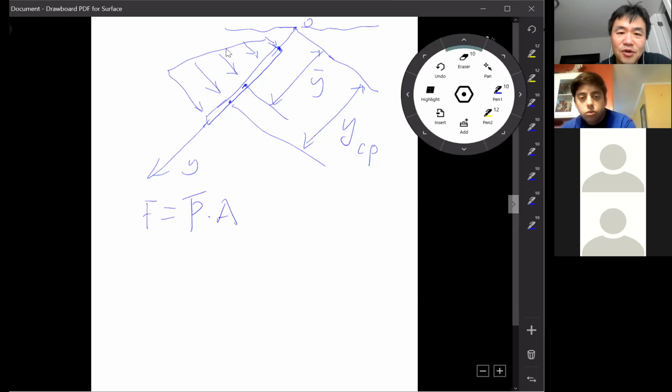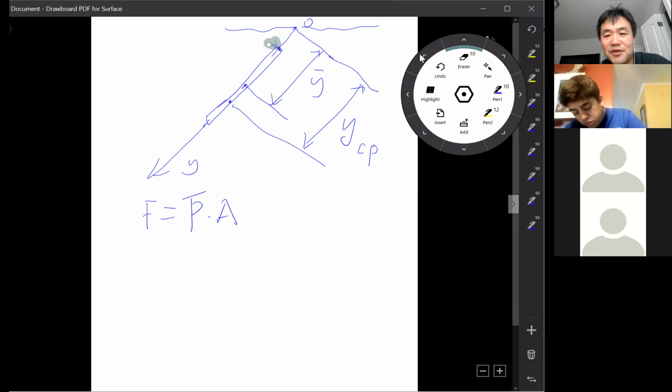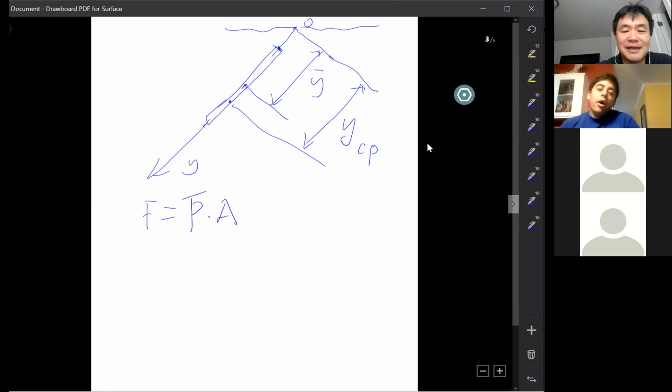In the real problem, I'm going to get rid of these arrows. We're not going to draw those arrows for solving a static problem using a free body diagram. Now I know the overall force on the plate.